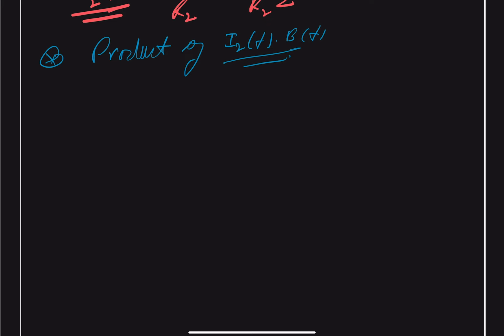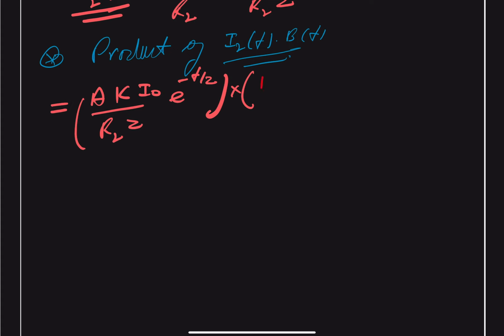We can write that this will be equal to A K I naught divided by R2 tau, e raised to minus t upon tau, times K I naught times 1 minus e raised to minus t upon tau.